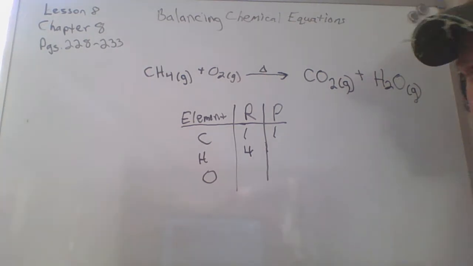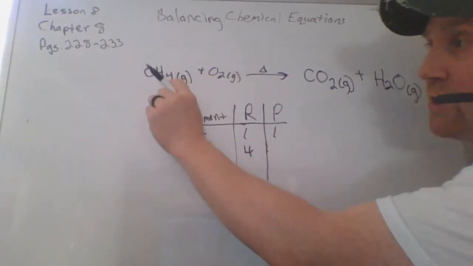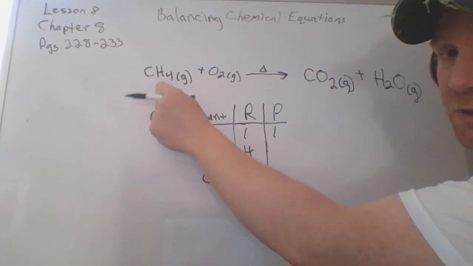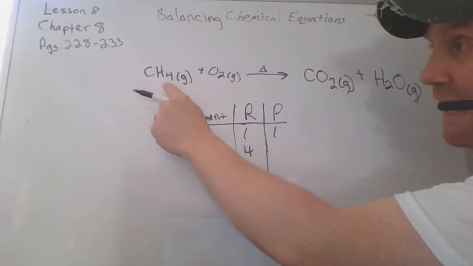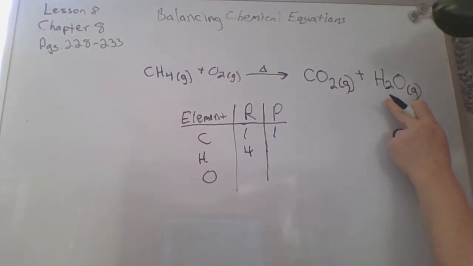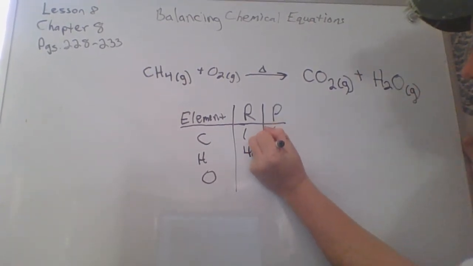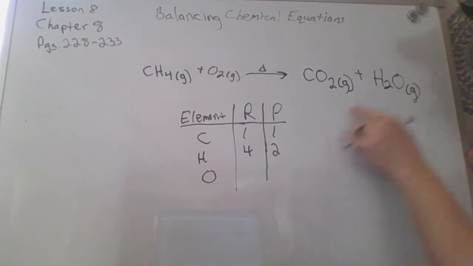So this is where you're going to need a whole number coefficient. We're not going to remove any of this because you can't remove any hydrogens from a methane molecule. We need to show that we need more water. We need a total of 4 hydrogens on the right side because as of right now, there are only 2.